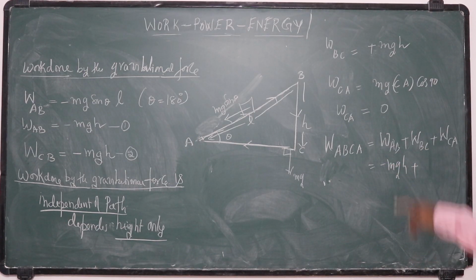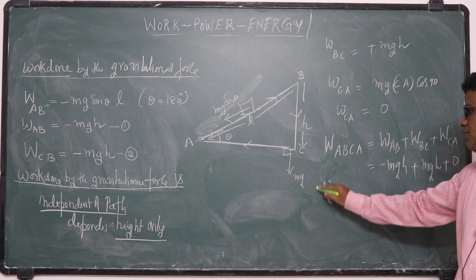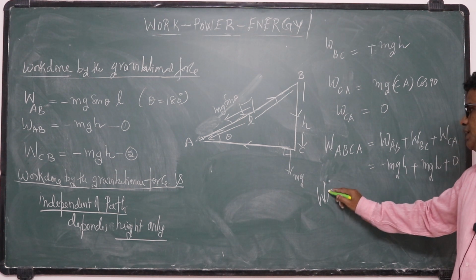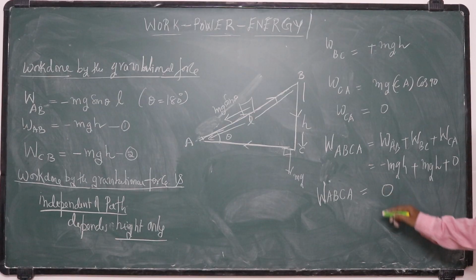Work done to move B to C is plus mgh by the gravitational force. And C to A is 0. So how much is the total work done in A to B, B to C, C to A? It is 0.